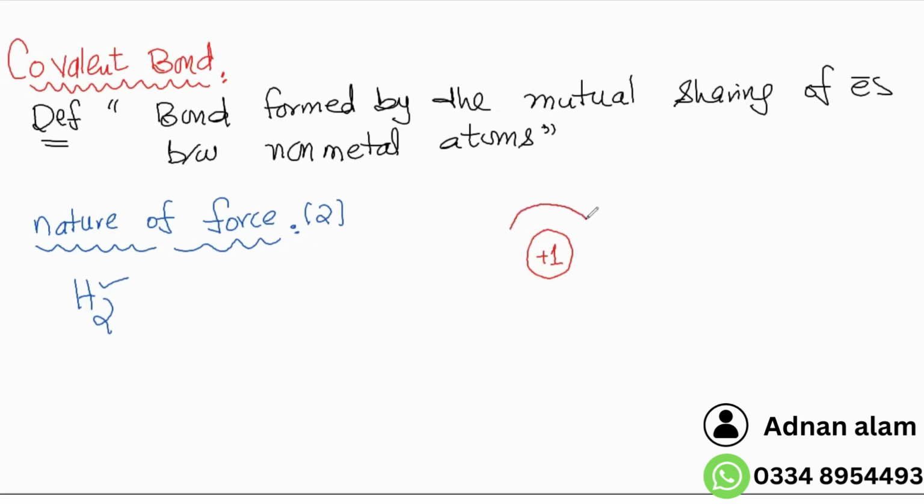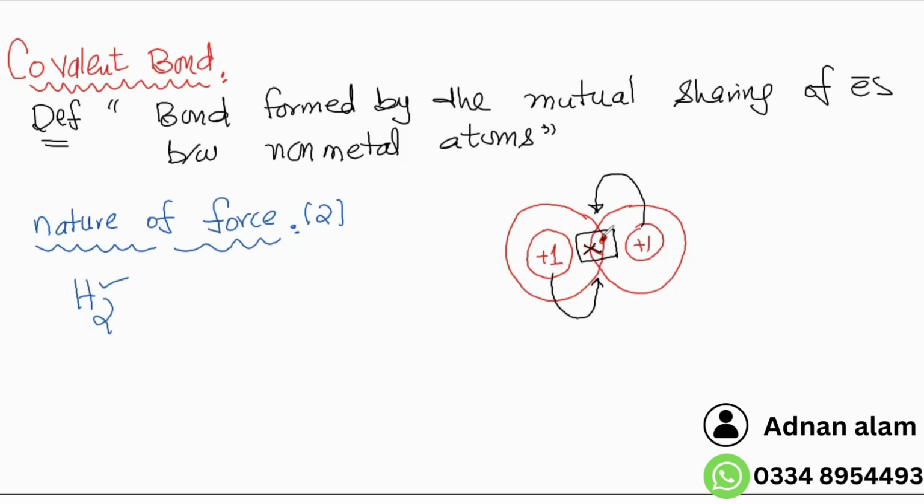Now a hydrogen atom is like this, with one valence electron. The other hydrogen atom is like this, with one proton in the nucleus. Now what happens? Both these nuclei attract the shared electron pair.